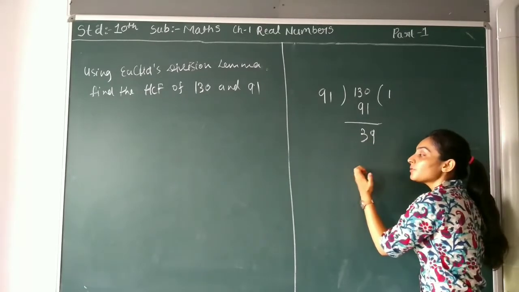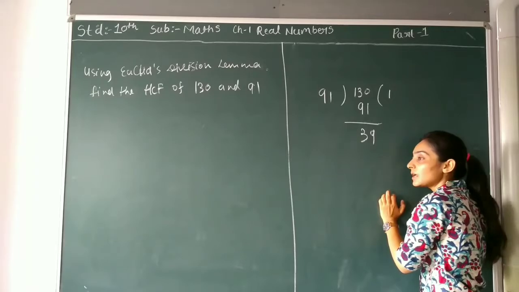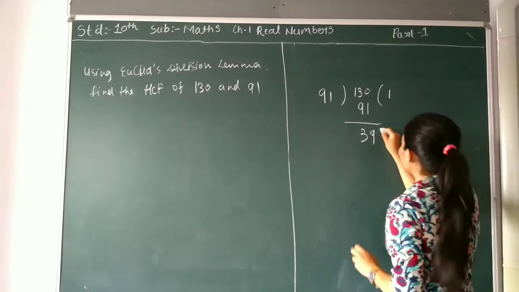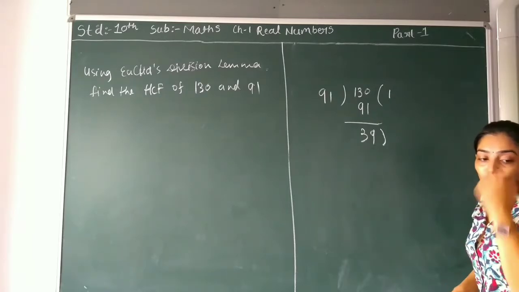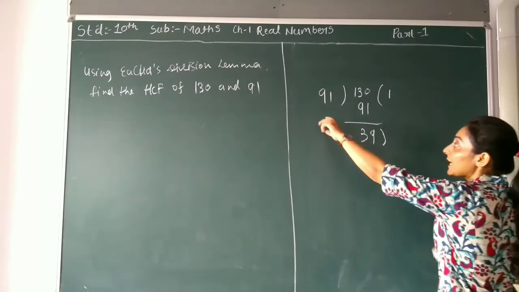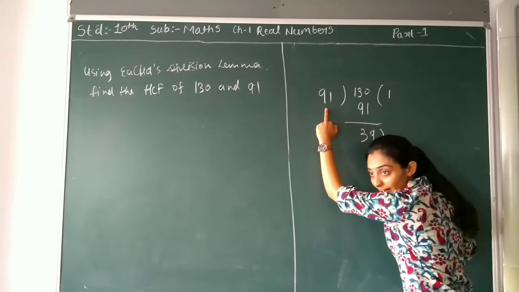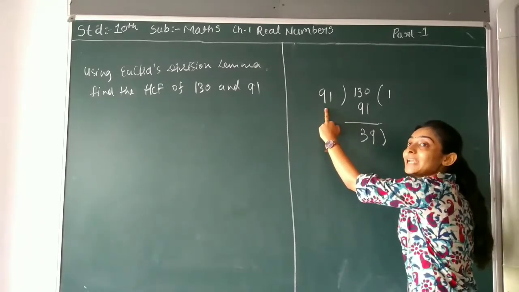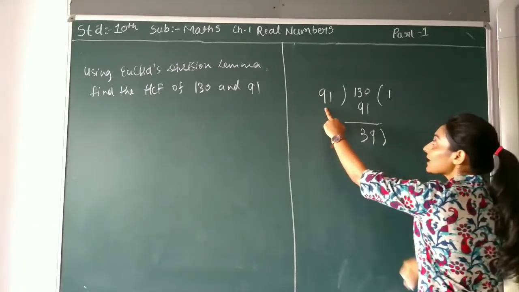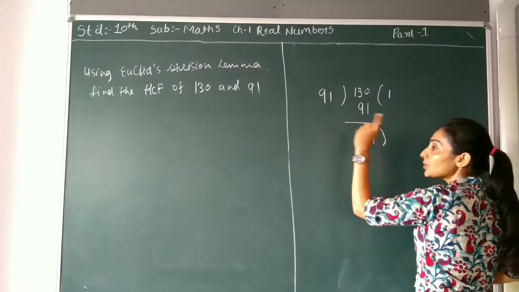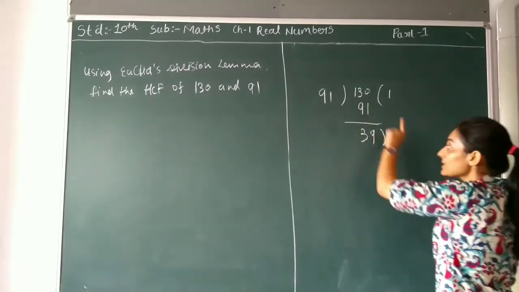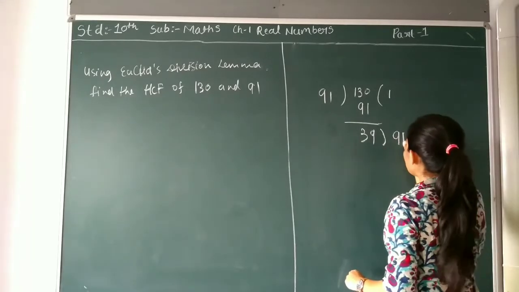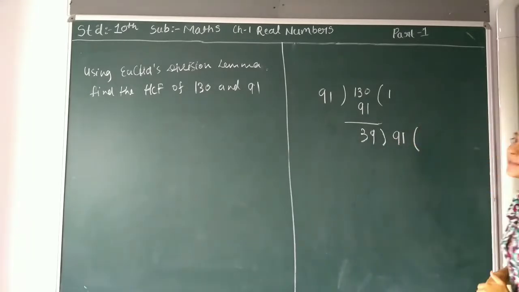So we have to do another step, but we do not have a dividend. So what are we going to do? We take this divisor as my dividend. In the second step we are going to take the first step's divisor as the dividend. So the 91 over here.